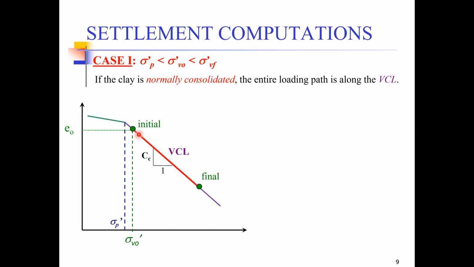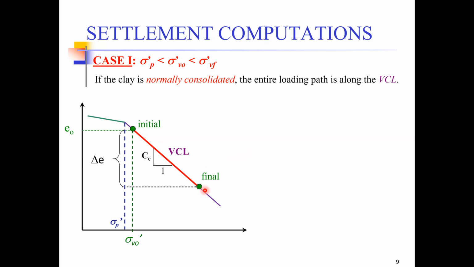Now, if we know the initial stress and if we know the final stress, can we determine delta e from this? Obviously, if we have plotted it on a graph, we can easily determine delta e from this. And in the same way, this final stress level can also be determined. How can we determine this final stress level?